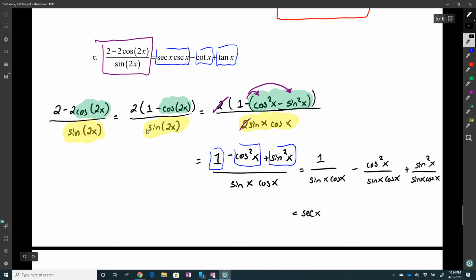So that's where I get secant x cosecant x. Here, one of the cosines cancels out, and I'm left with cosine over sine, that's cotangent x. Here, one of the sines cancels out, and I'm left with sine over cosine, which is tangent x. And there you go.